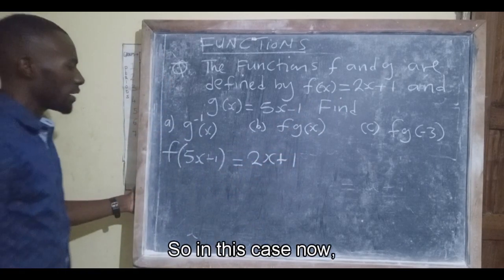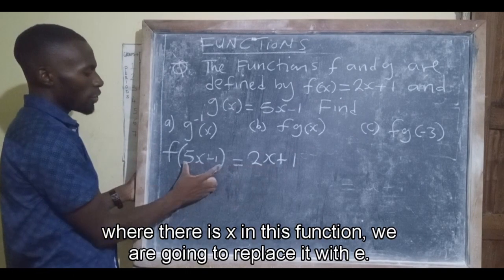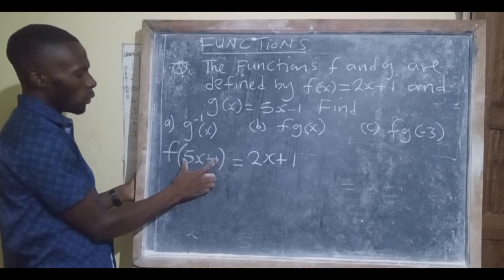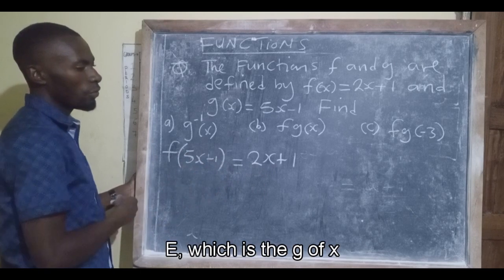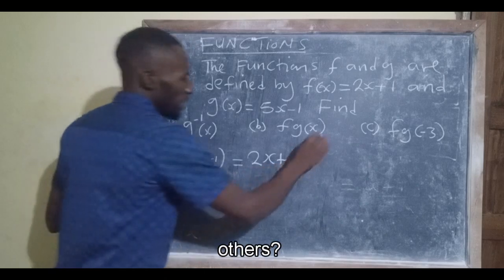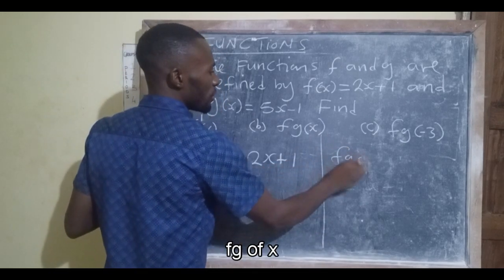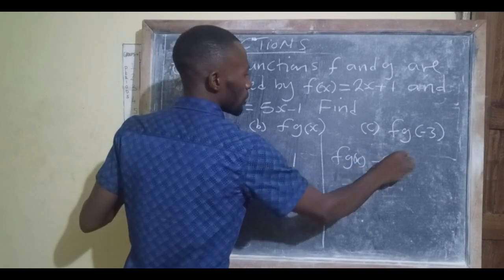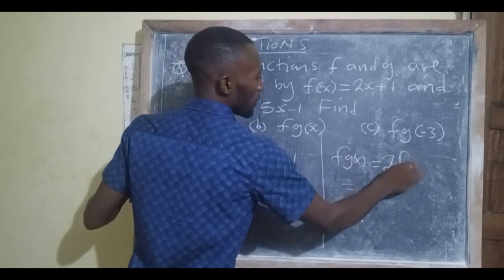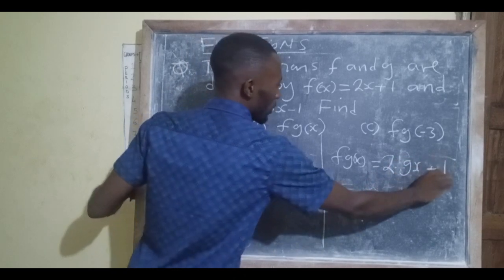So in this case now, where there is x in this function, we are going to replace it with what is inside the brackets here, which is the g of x. Others, you may see them writing it like f g of x is equal to 2g of x plus 1.